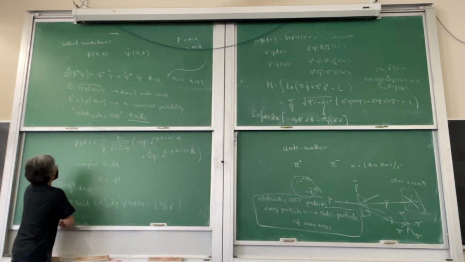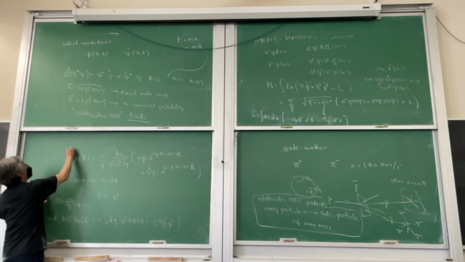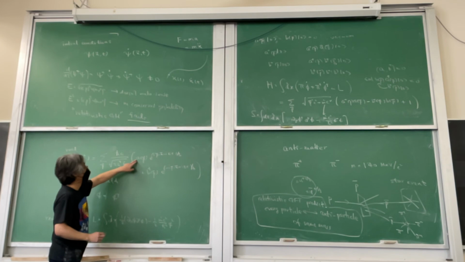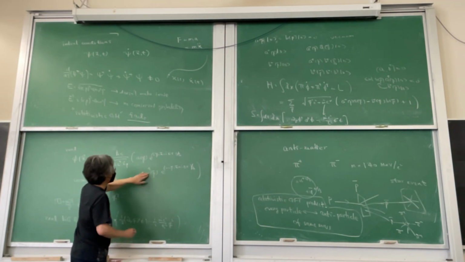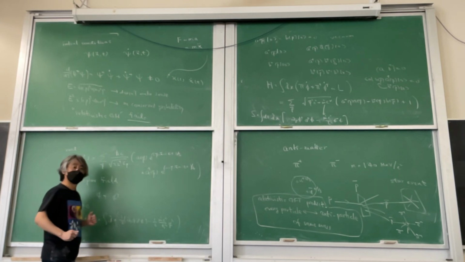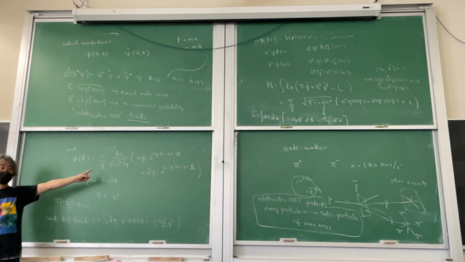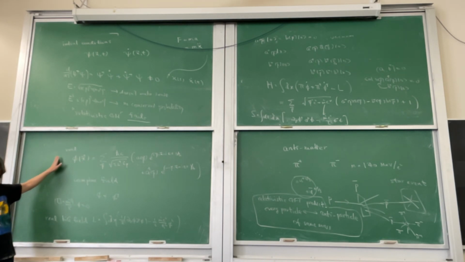And for the real Klein-Gordon field, this A has to be matched by its Hermitian conjugate. Then I have to make this A dagger, which means that particle and antiparticle are the same for a real Klein-Gordon field.